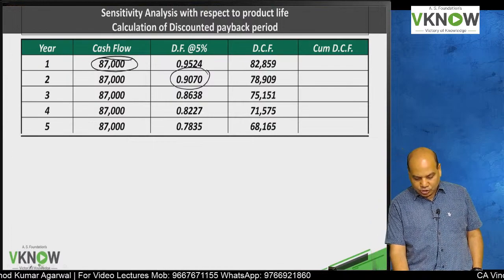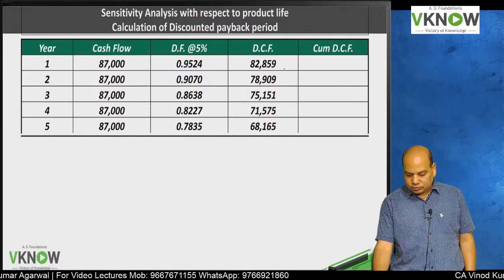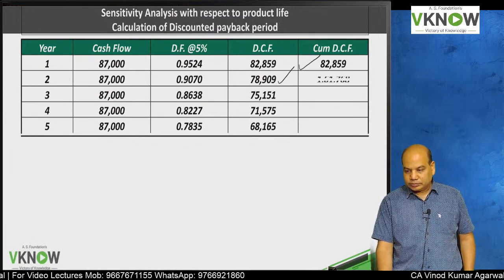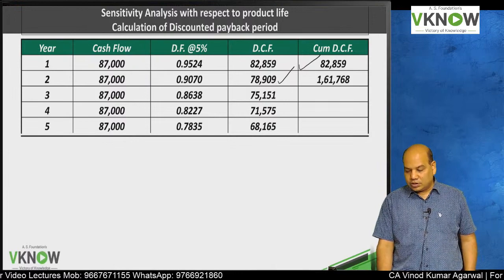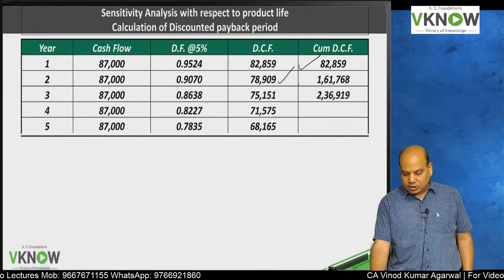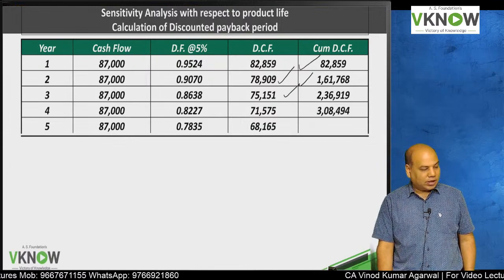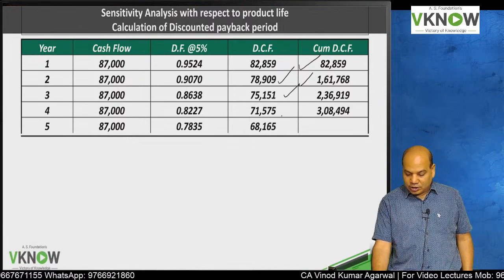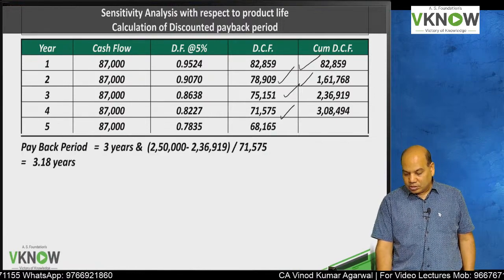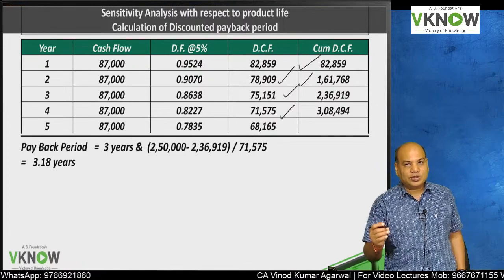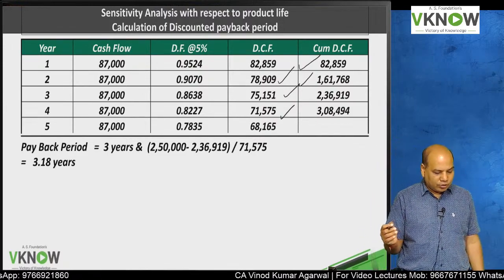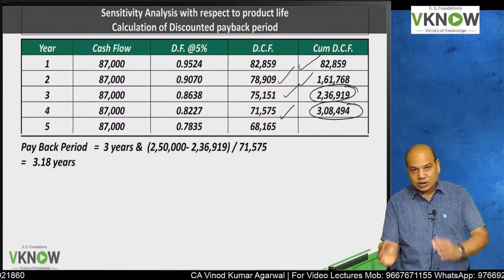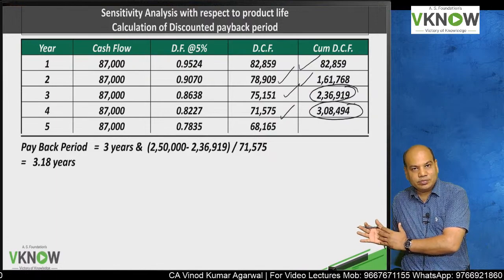Now the next column is cumulative discounted cash flow. First number will be same, this plus this, 161,768, this plus this, 236,919, then 236,919 plus this number. Once you have crossed 2,50,000, once I have crossed my initial investment of 2,50,000, further calculation can be avoided.